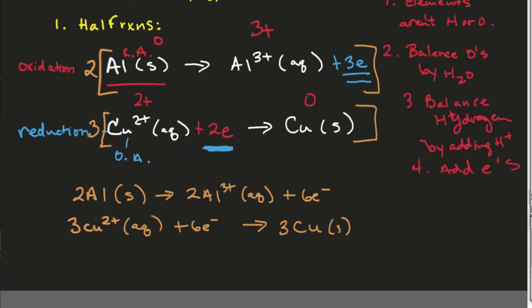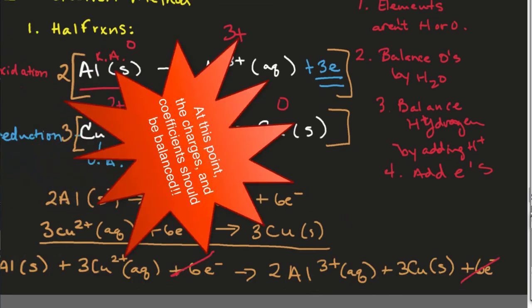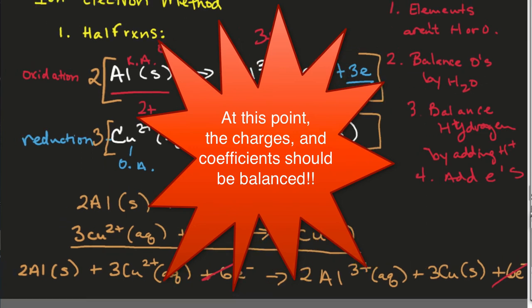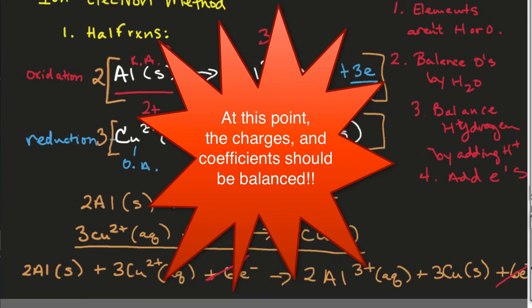Now what do we do? Well, if you add them, you get... Are we done? The answer is yes. We should now be balanced both by charge and the number of atoms.